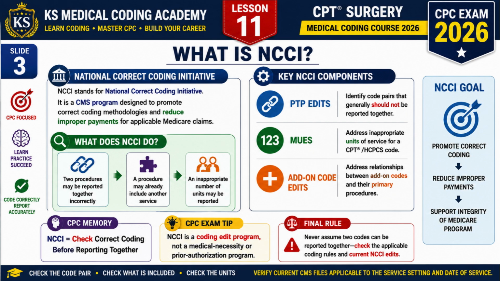For the CPC exam, remember, NCCI means check the correct coding rules before reporting services together. One important point: NCCI is a coding edit program, not a medical necessity or prior authorization program. And because NCCI files are updated, always verify the current CMS files that apply to the service setting and date of service.